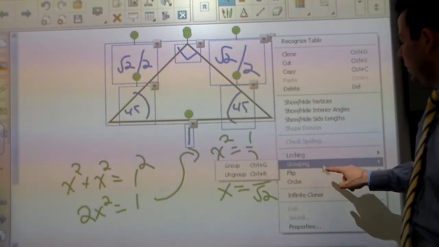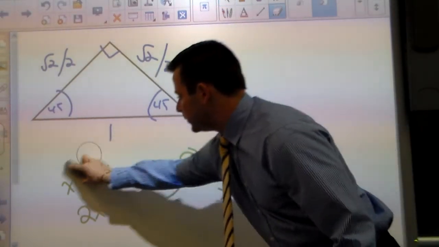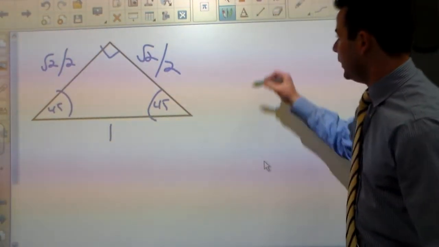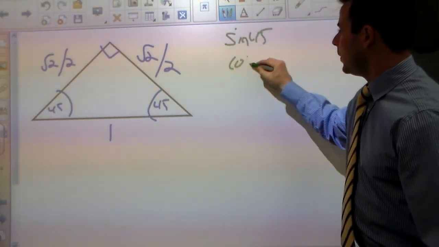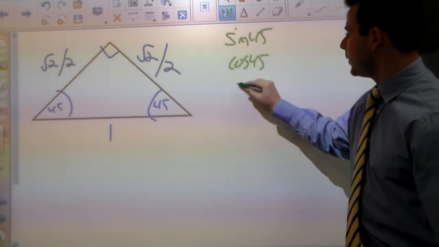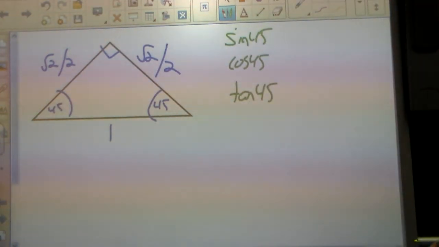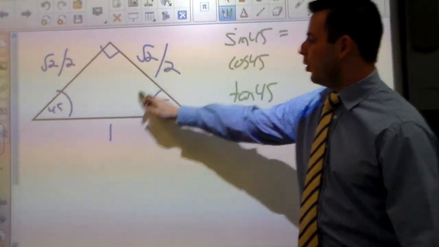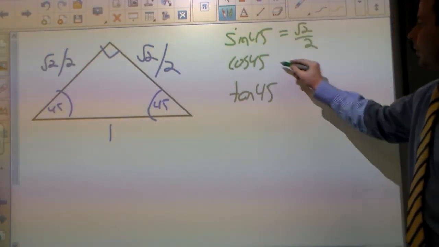Okay, so group this all together and calculate the sine, cosine, and tangent of all this. So let's find the sine of 45, the cosine of 45, and the tangent of 45. The sine of 45 is opposite over hypotenuse, therefore it's radical 2 over 2.